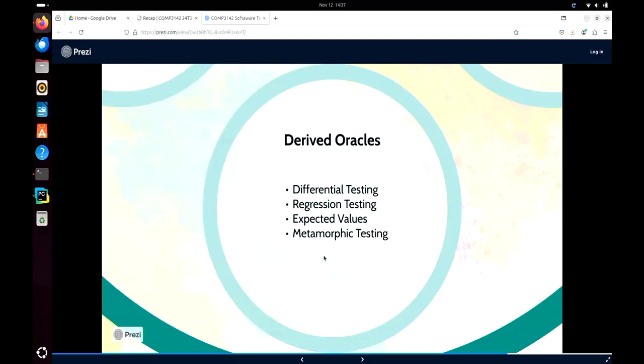So we can write test cases to compare the results of the function with sine x and sine pi minus x. If the results are different, then there's something wrong with the implementation of the function. So we are using metamorphic relations to infer if there's an error in the program. This is the key of metamorphic testing.